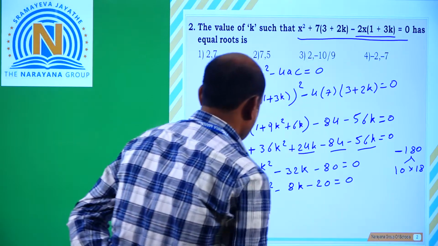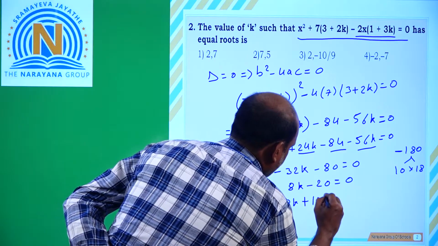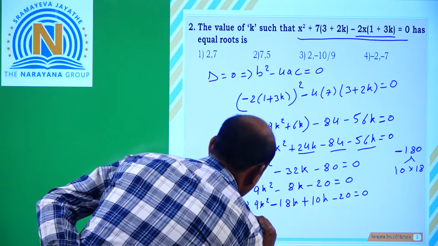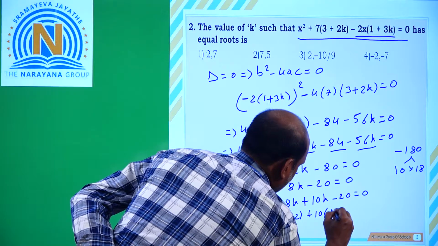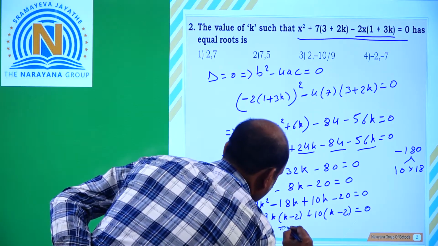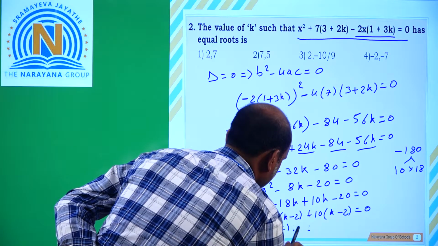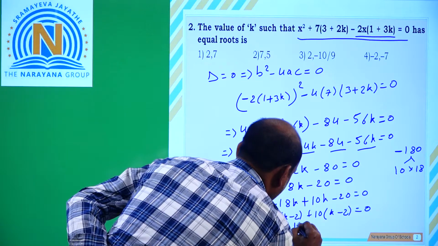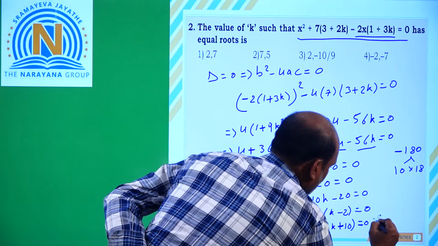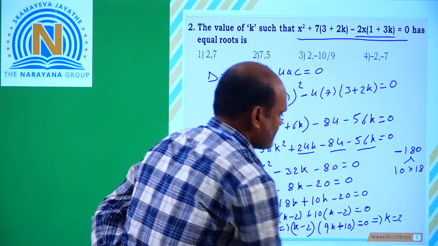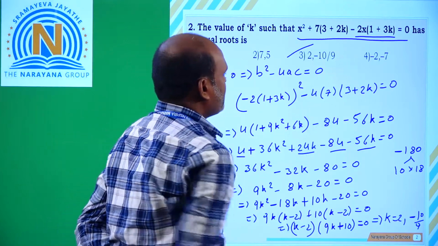So this factors as 9k square minus 18k plus 10k minus 20 is equal to 0, implies here and here 9k take common, k minus 2, plus 10 take common, k minus 2 is equal to 0, that implies (k minus 2) into (9k plus 10) is equal to 0, implies k is equal to 2 or k is equal to minus 10 by 9. k is equal to 2 or minus 10 by 9. Option 3 is the correct answer.